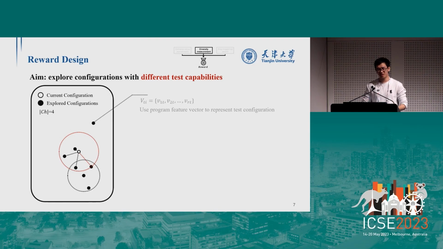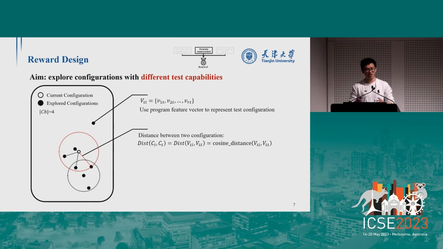Actually, the test capability of a test configuration is reflected by the programs they generate. So we use the extracted program feature vector to represent the test configuration, and define the distance between 2 test configurations as the cosine distance between two extracted program feature vectors.